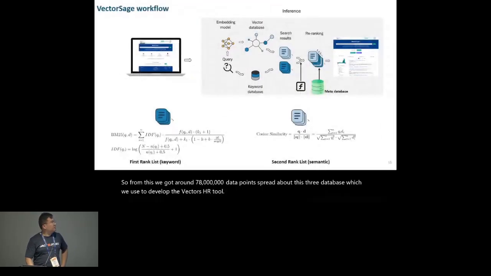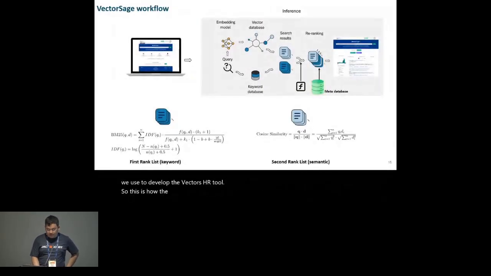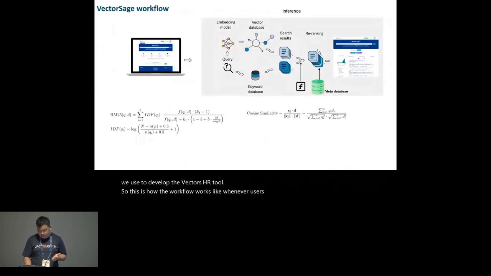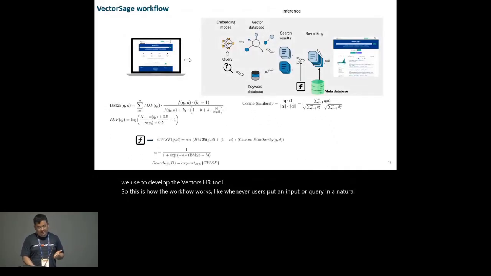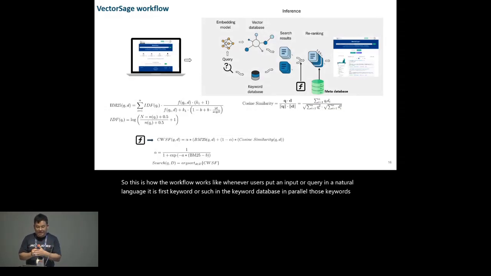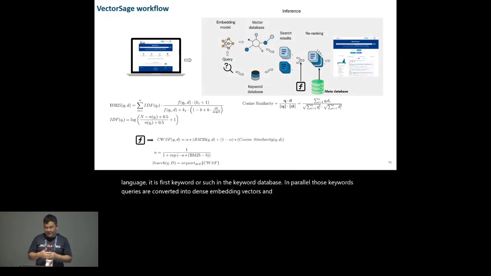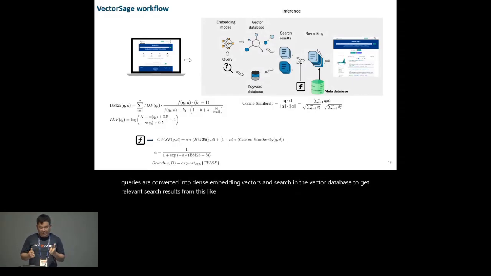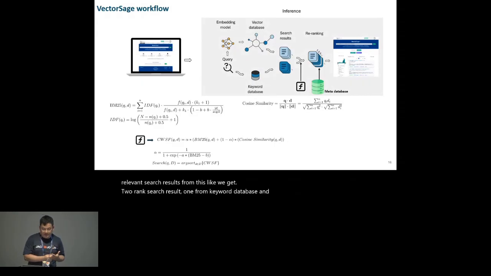So this is how the workflow works. Whenever users put in an input or query in natural language, the keywords are first searched in the keyword database. In parallel, those queries are converted into dense embedding vectors and searched in the vector database to get relevant search results. From this, we get two ranked search results, one from the keyword-based database and one from the vector database.